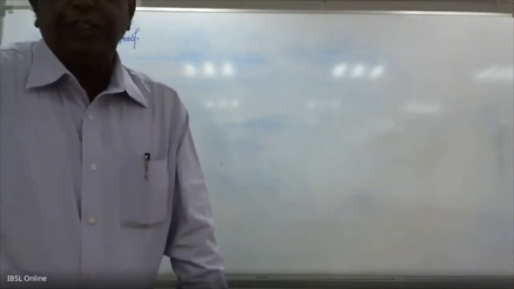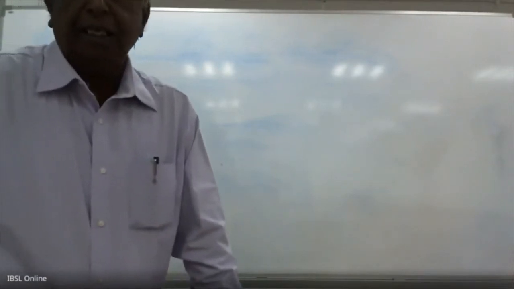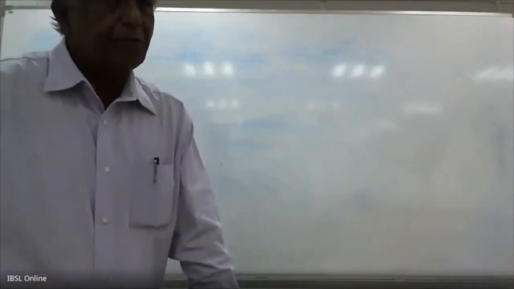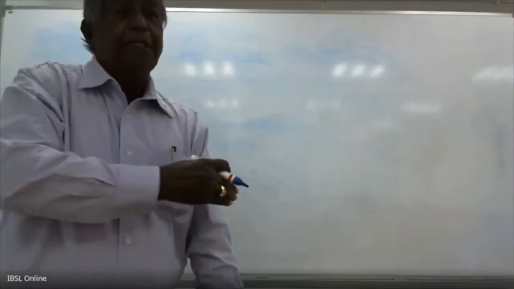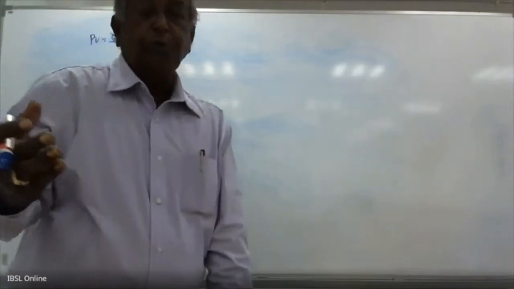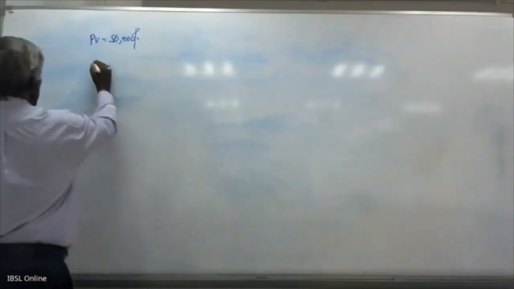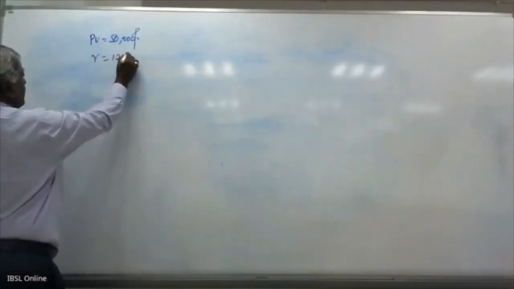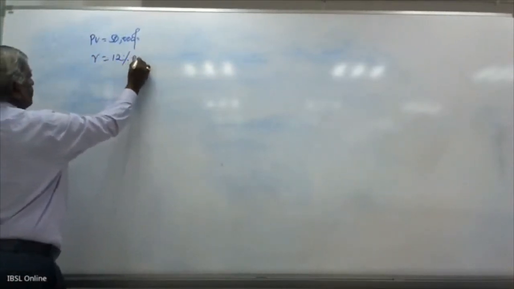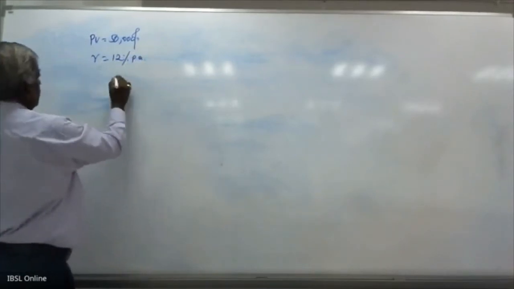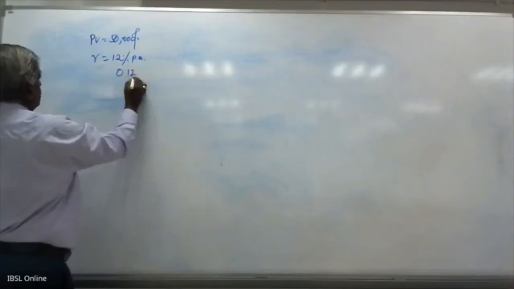So you may have your interest rate. For the fixed deposit, you may have various rates. Maybe the rate may be low now, but for the example, I am taking 12%. So R is equal to 12% per annum. In decimal, it is 0.12.